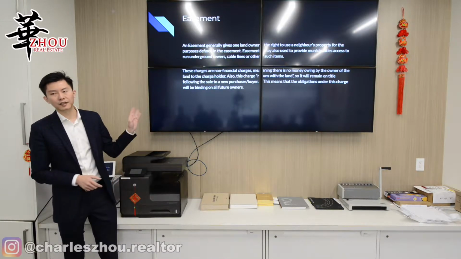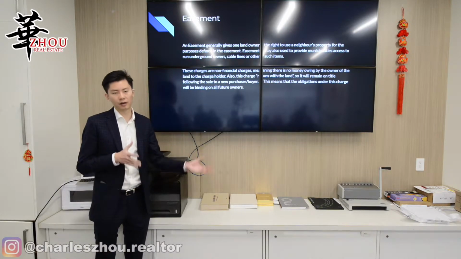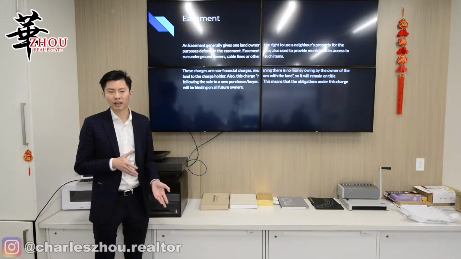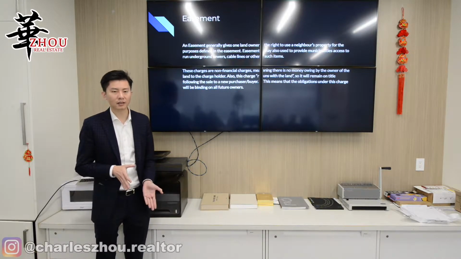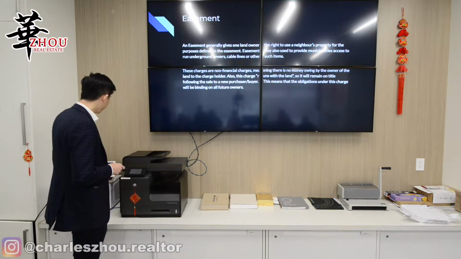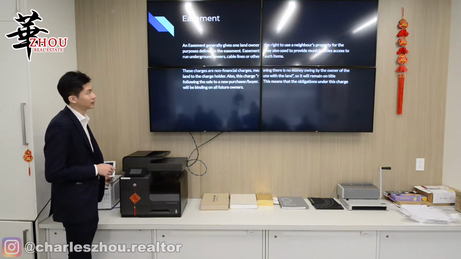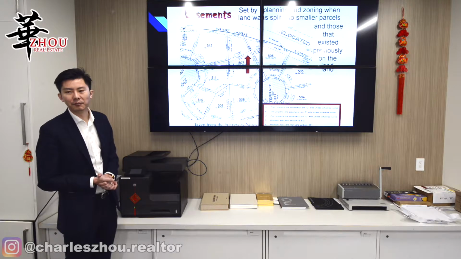So if you have an easement on your title, that means it's going to be on there forever. Okay? Nobody will be able to do anything with it. So you just have to find out what the easement is. Okay? So normally for easement, it looks like this on a diagram.